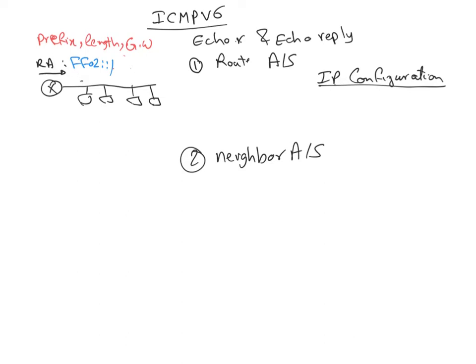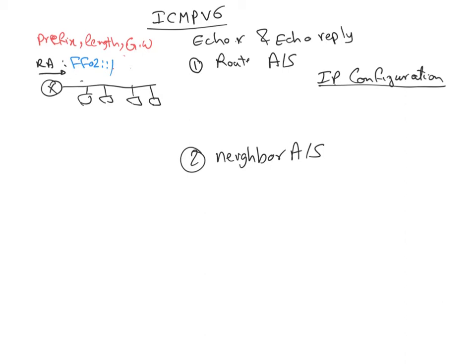So what about the router solicitation? The router advertisement gets sent by the router periodically, and it may take up to 40 seconds or a minute. When a host first starts, it has options. One option is to wait for a minute, not being able to communicate to the internet until it receives the router advertisement. The second choice is to try to get to a DHCP version 6 server to get a full IP address.